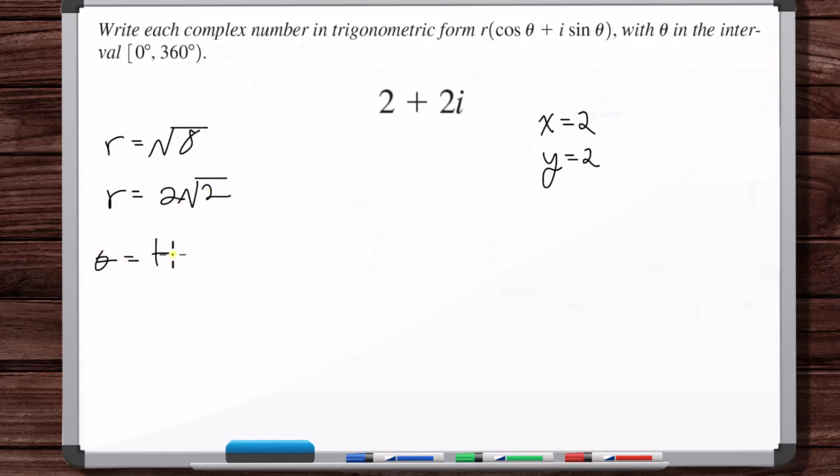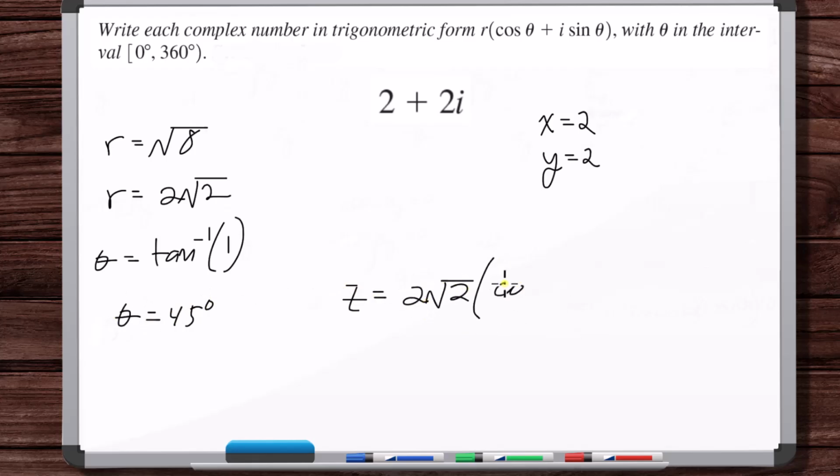Theta, we've got arc tangent of 2 over 2, so of 1, so it's 45 degrees, and we're in the first quadrant, so theta is going to be 45 degrees. So z is going to be 2 root 2 cosine of 45 degrees plus i sine of 45 degrees.